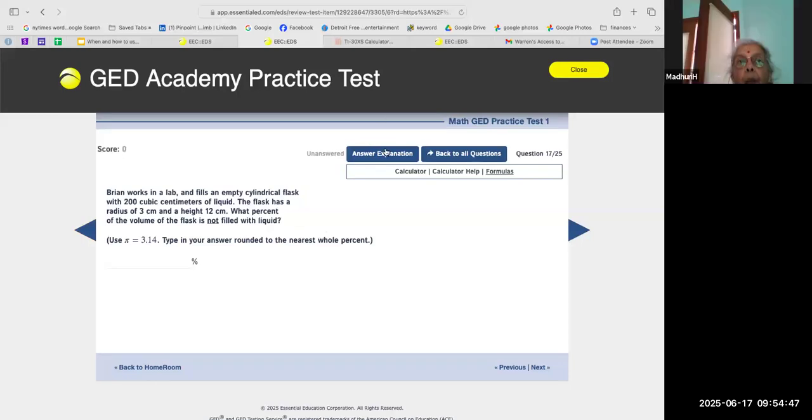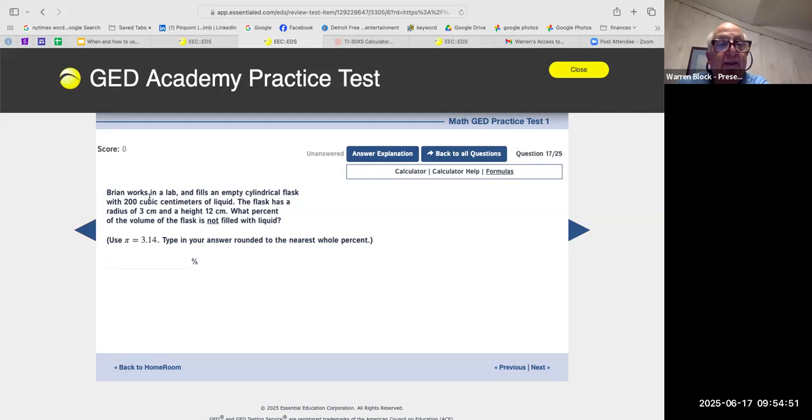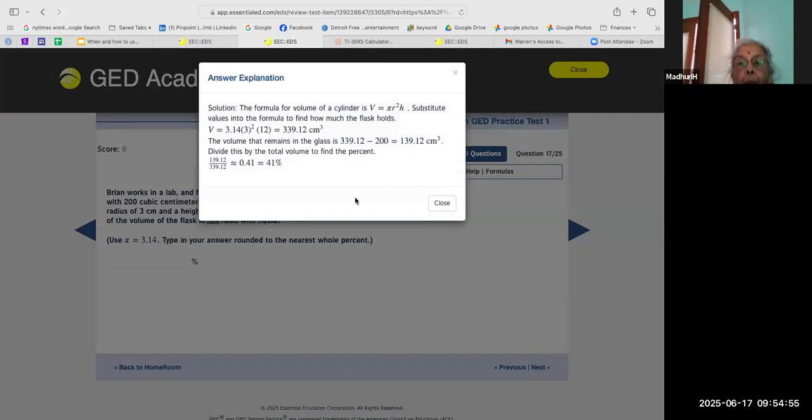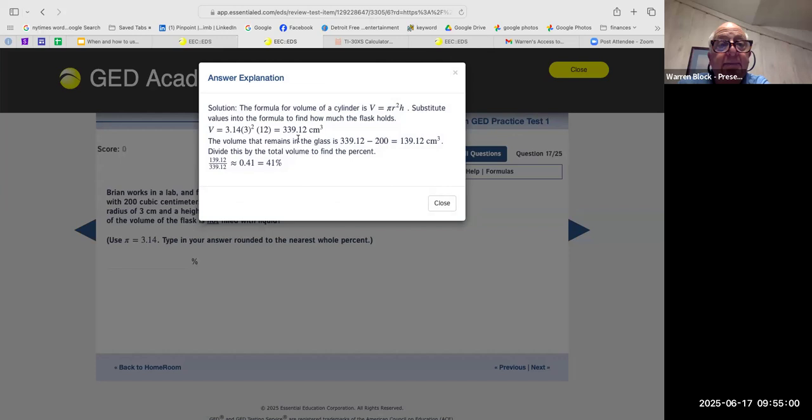And then the percent we're going to need is that divided by 200. Oh, 339 was the volume of the whole thing. We have to subtract 200 to get the answer of 41%. Any questions?